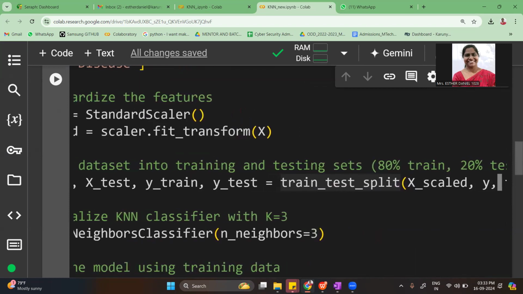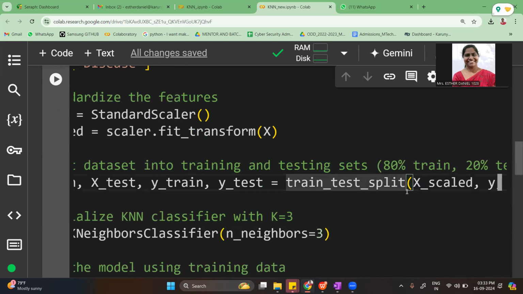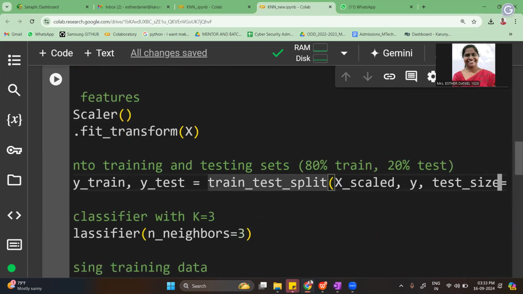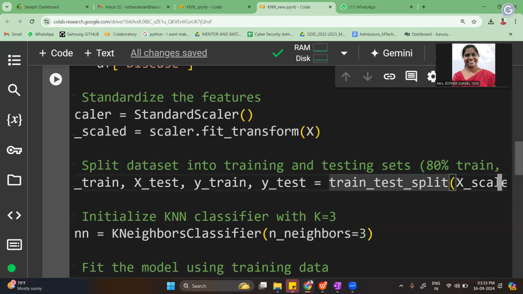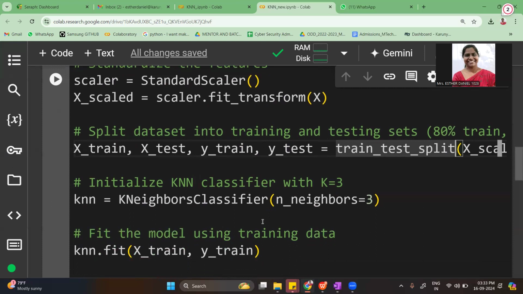X scaled has my standardized cholesterol and BP levels, and Y has the respective labels. Now 80% of the data is training data, and 20% is testing data. And we are initializing the KNN classifier with the number of neighbors as 3. So n_neighbors is equal to 3.